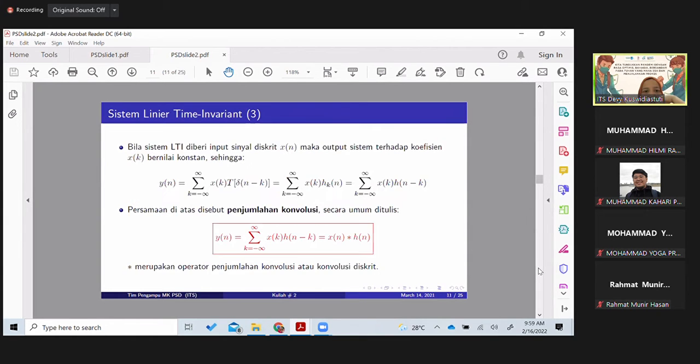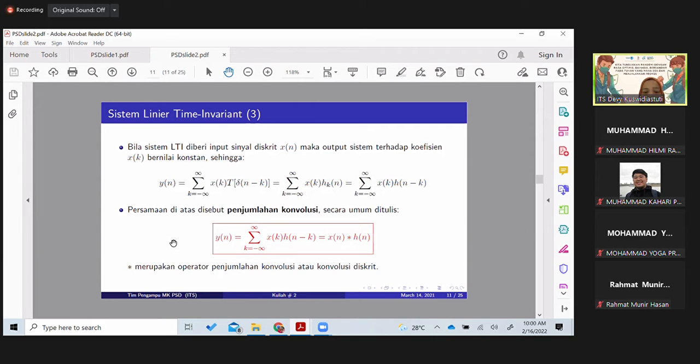This will bring us to the next operation. Probably you are not familiar yet with this operation. Besides summation, multiplication and shifting, we also have convolution here, which is defined in the form of a mathematical formula.